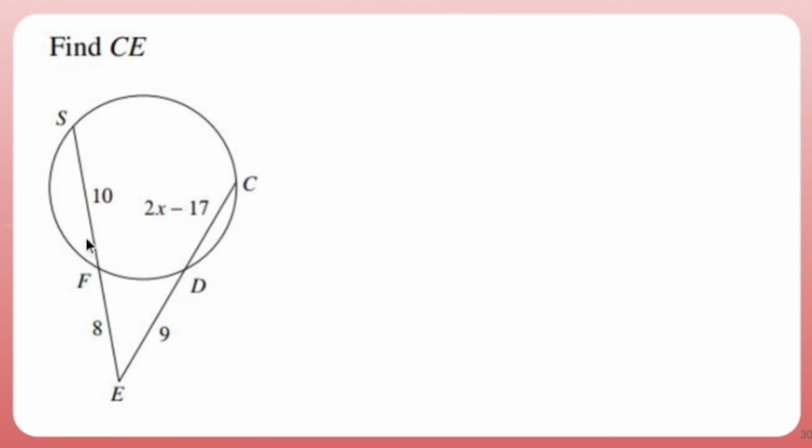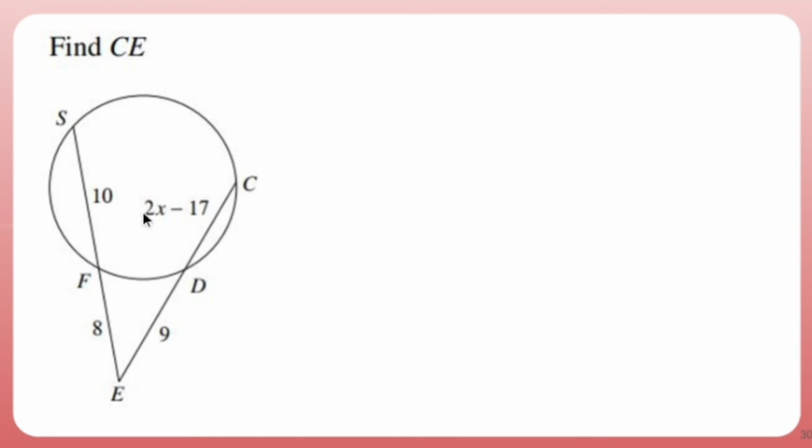Find CE. All right, what do we have here? We have two secants intersecting inside of a circle to make two chords and then stuff on the outside. Usually when we see two secants, we're thinking this angle is going to be 1/2 of that arc minus that arc. No, we are finding measurements here.